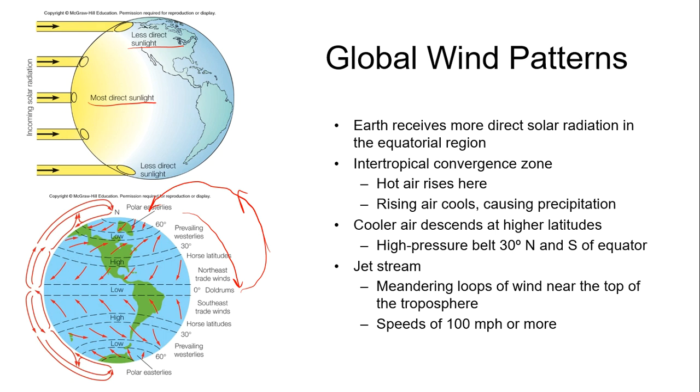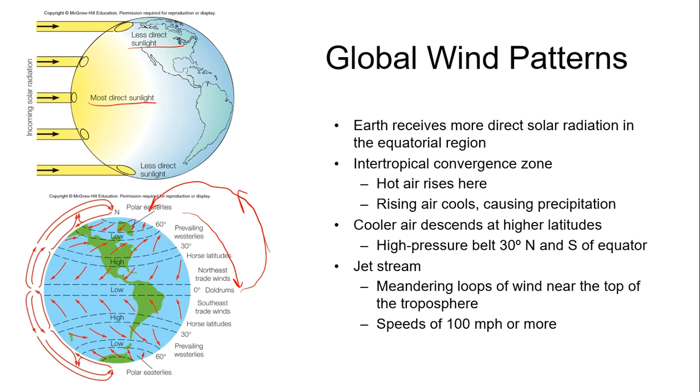This low pressure around 60 degrees is around the region where a lot of winter storms form. One thing that's important about weather is that severe weather, rainstorms, typically are associated with low pressure systems. Clear skies are more associated with high pressures.